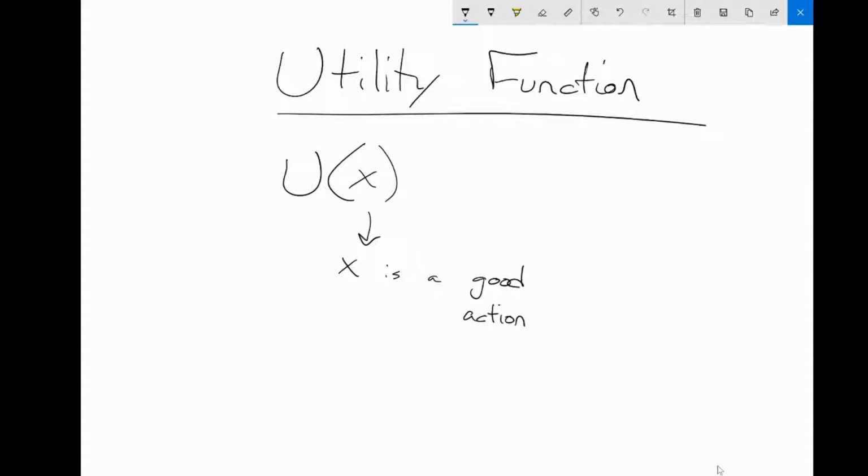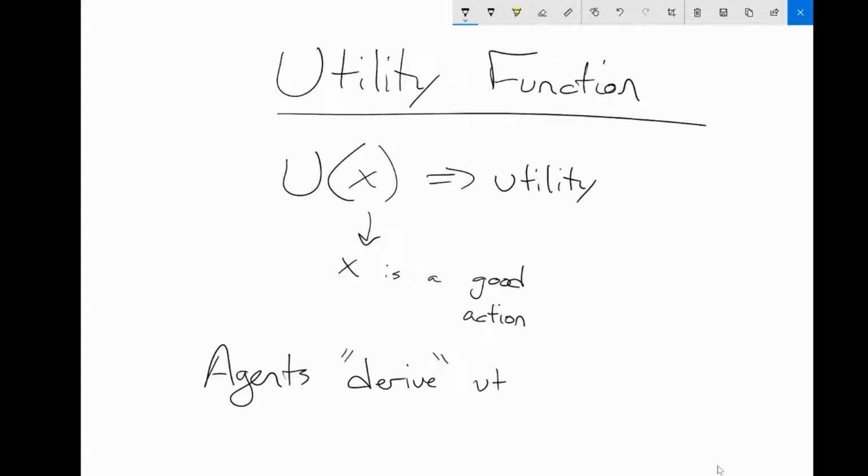This utility function determines the amount of utility that you get from that good by consuming that good or completing that action. And so we would say that agents derive utility from X.